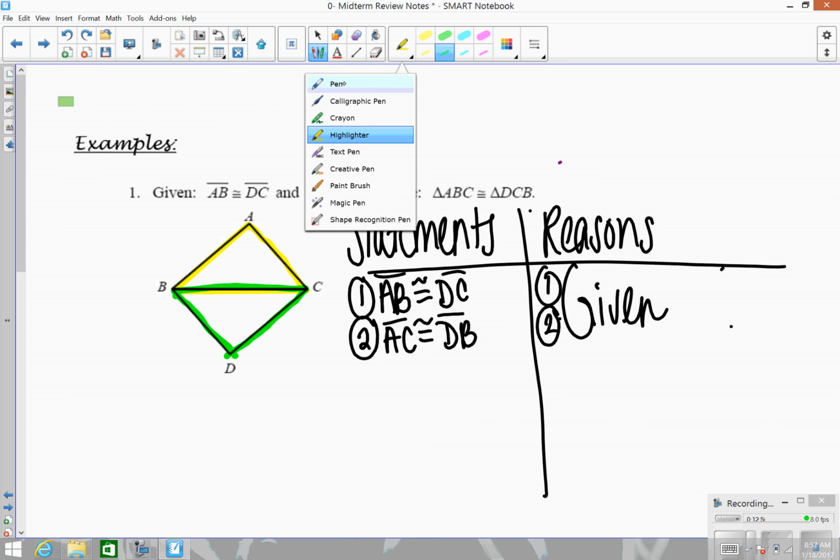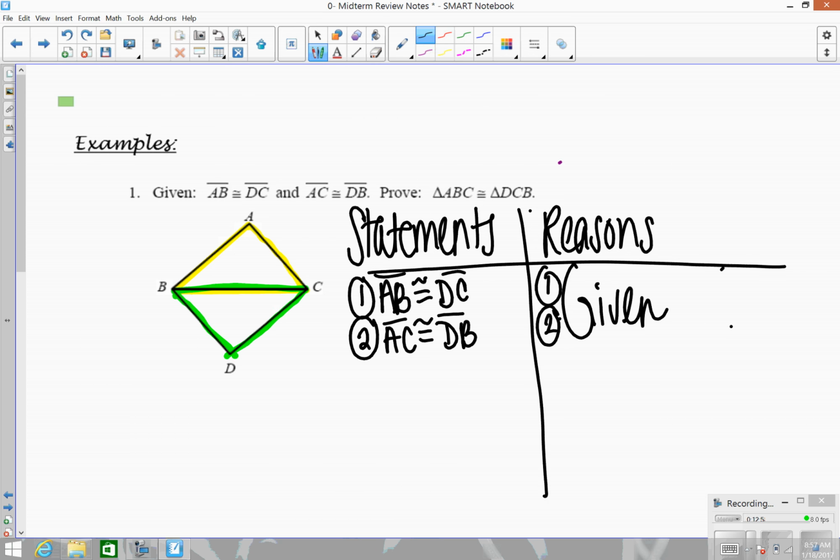So I mark my givens. So I have AB and DC. I have AC and DB. And then from here, I always need a third piece of information. So look at the diagram, because these givens don't allow us to make any further conclusions.